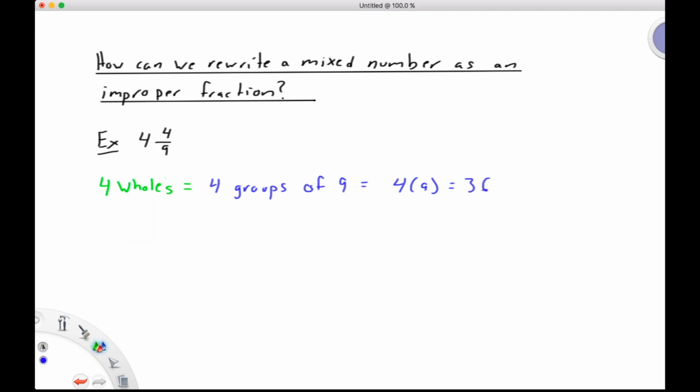And then our additional 4/9 is going to give us 4 more of those pieces. And so when we add those together, 36 plus 4, we have a total of 40/9. And so in conclusion, we would say 4 4/9 is equal to 40/9.